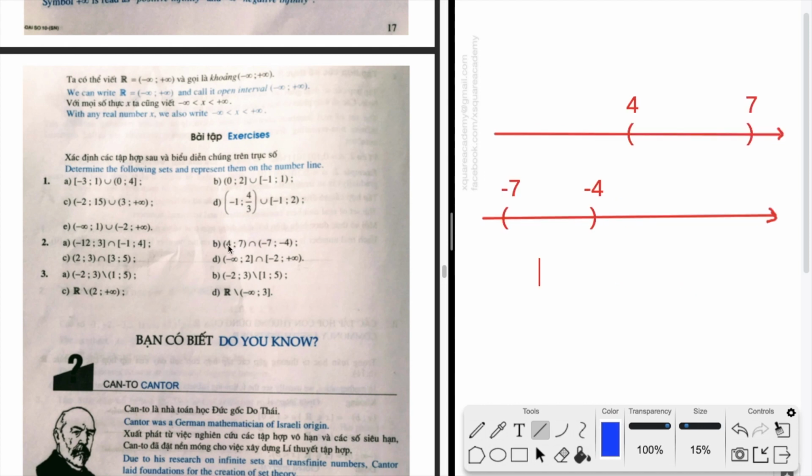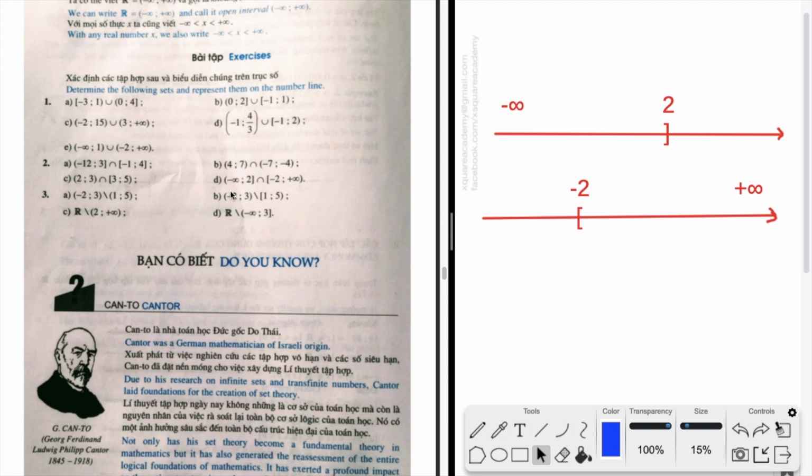Next, the open interval from 4 to 7 intersect with the open interval from -7 to -4. You see there is no common area between the two sets, so the result is the empty set.